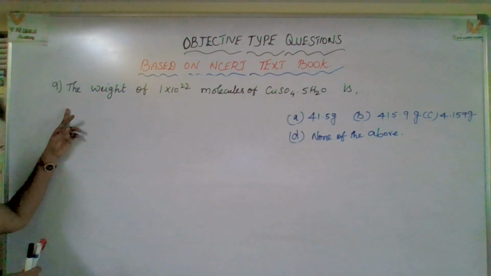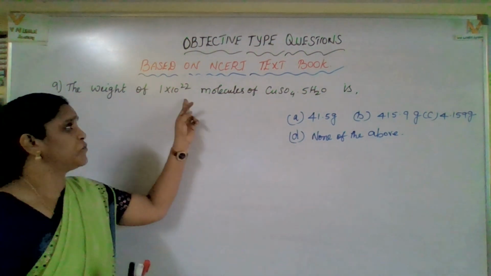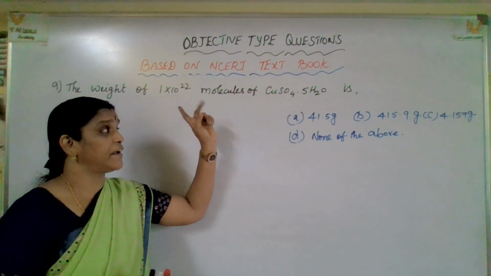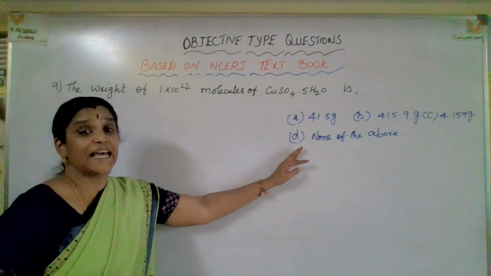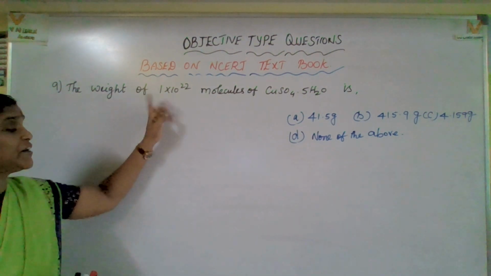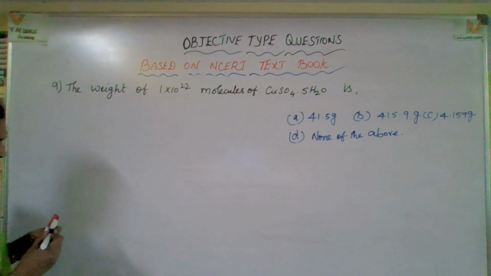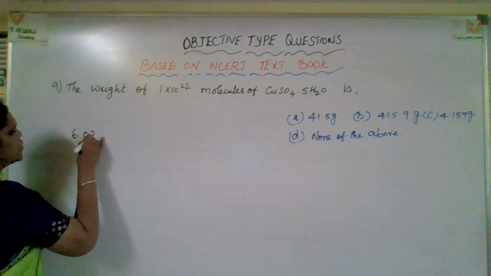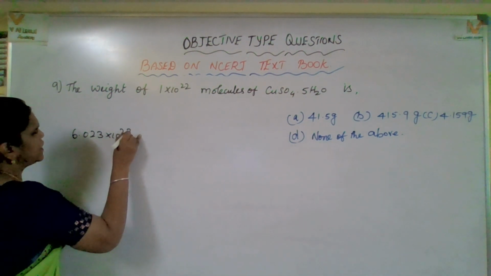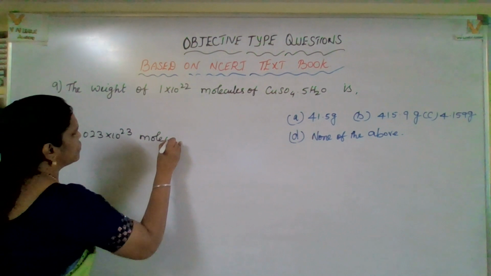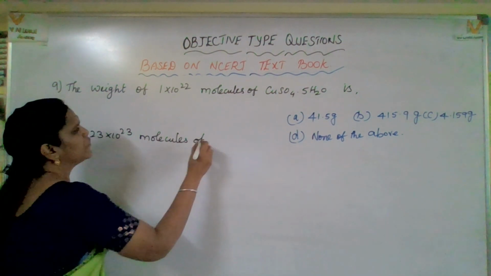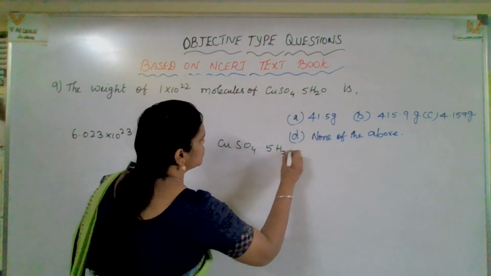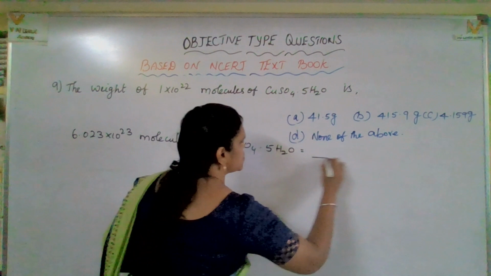Next, one more interesting question. The weight of 1 into 10 to the power of 22 molecules of copper sulfate 5H2O crystallized salt hydrated. How much gram is it? Okay, now let us check here. 6.023 into 10 to the power of 23 molecules of CuSO4 5H2O equal to how much molecular weight?